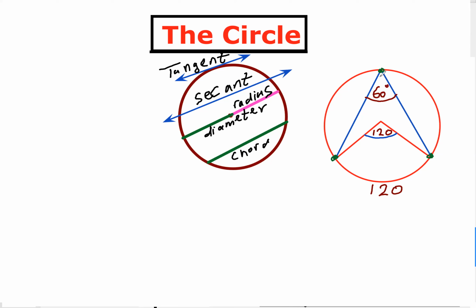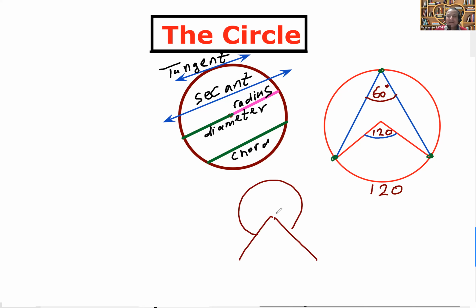No, 60. The inscribed angle is half the subtended arc. Half, not double. It's clear, it's less, not bigger. It cannot be 240. Okay, it is 60.